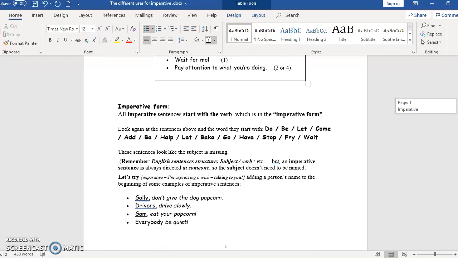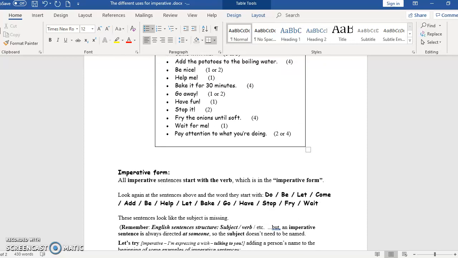If you look at the form here, you will see that all imperative sentences start with the verb, which is in the imperative form. Of course, some people are a little bit more polite. They may start with, please don't enter. Please pay attention to what you're doing.